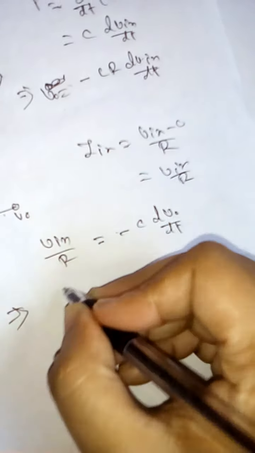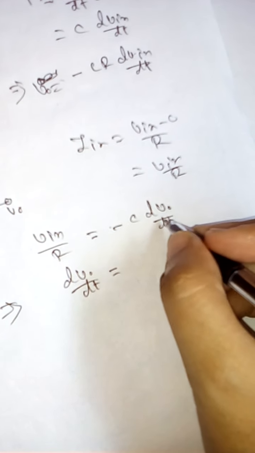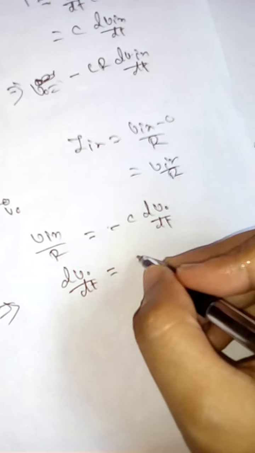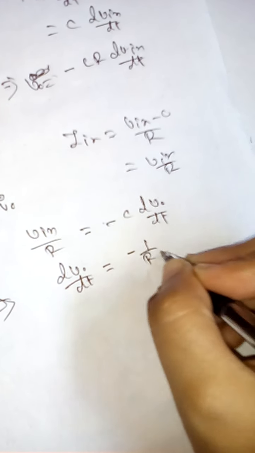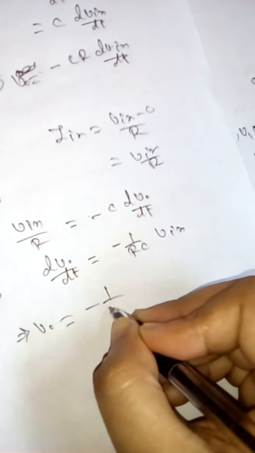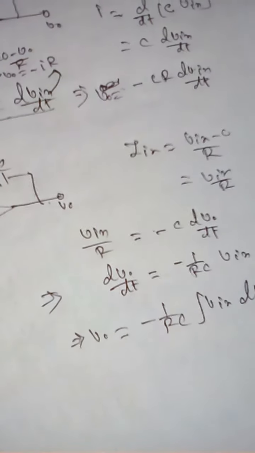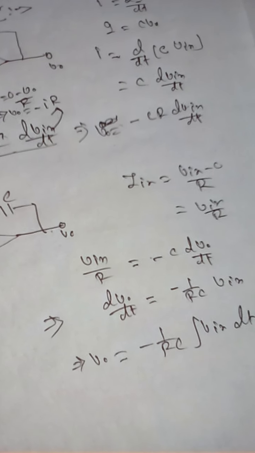So dV0 by dt equals minus 1 by RC times Vin, so V0 equals minus 1 by RC integral of Vin dt. So the output voltage is the integral of the input voltage.